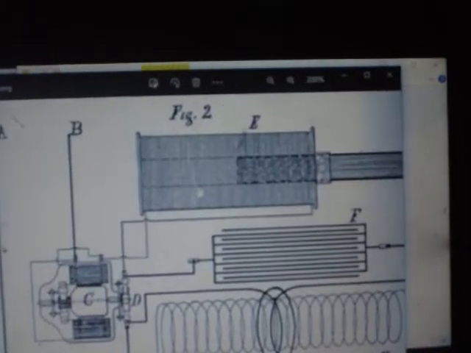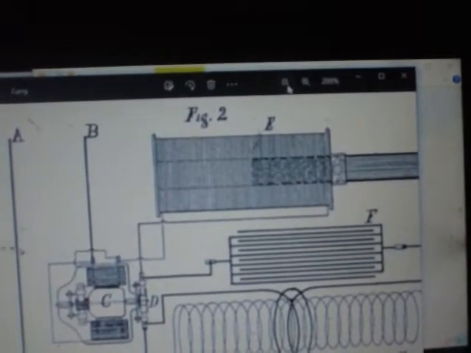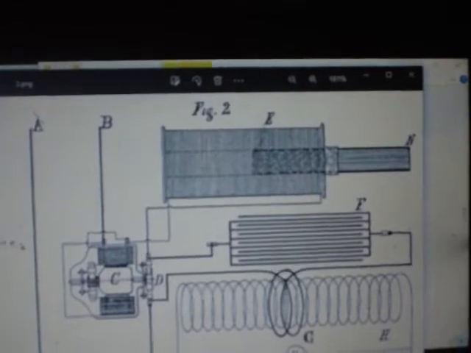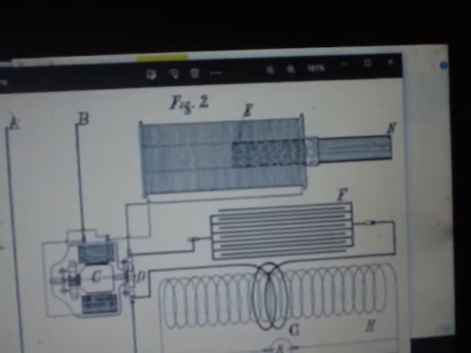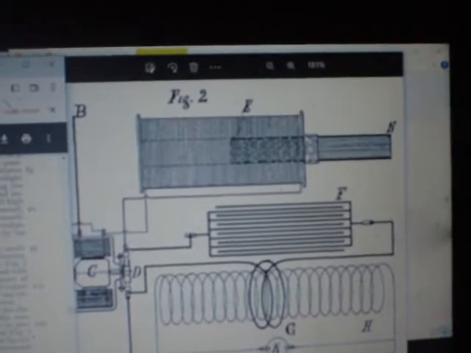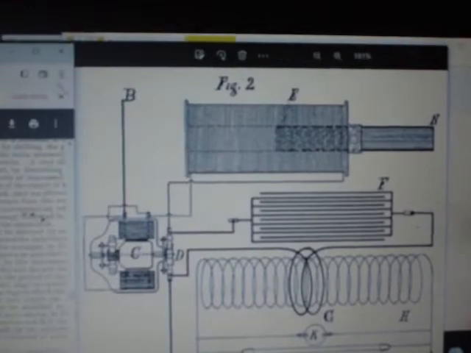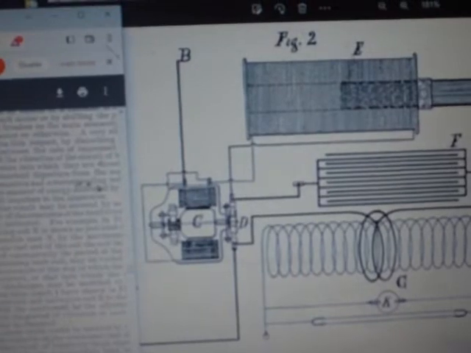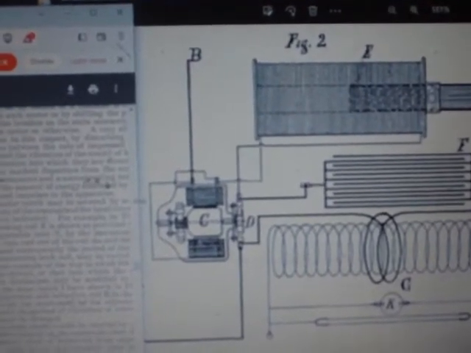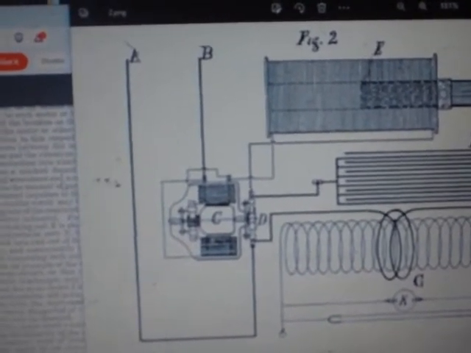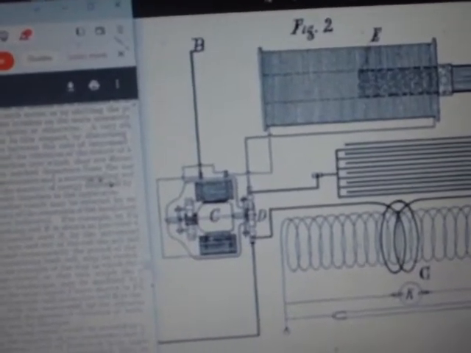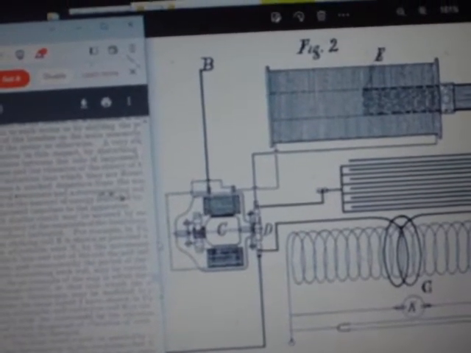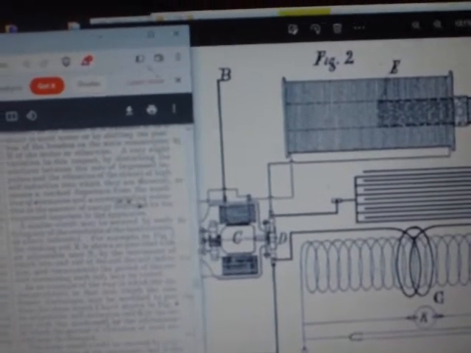Try to go to figure 2 now. So in figure 2 you will see that there's something new here. That is a regulating device in the form of a piece of metal which goes in and out of the coil, which will vary the self-induction.